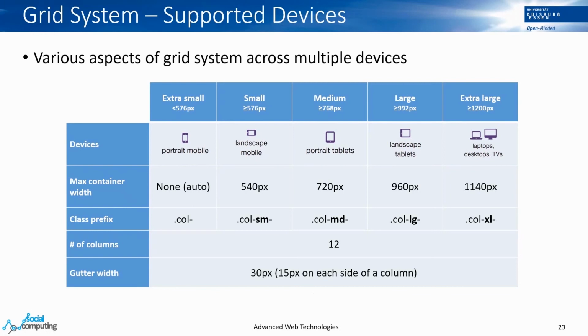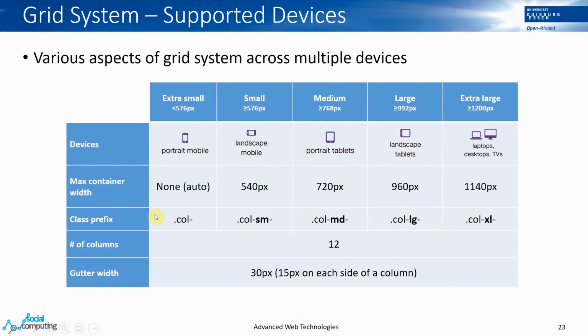For example, this container has a fixed width within which you should put your content. For extra large devices it has 1140 pixels available to you. Later on we will see that there are different kinds of containers also, but we will come to that later.